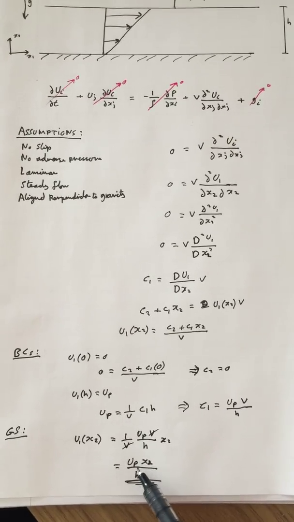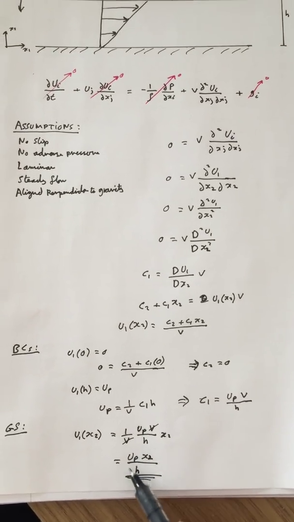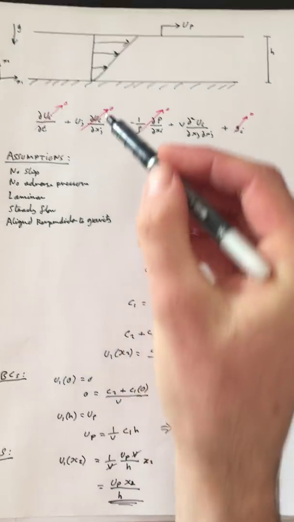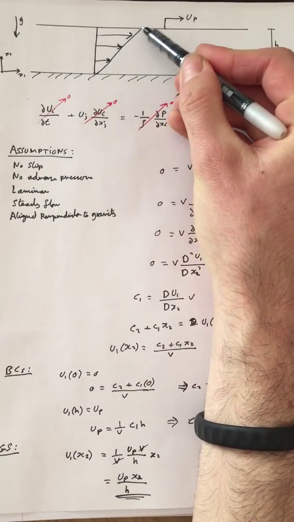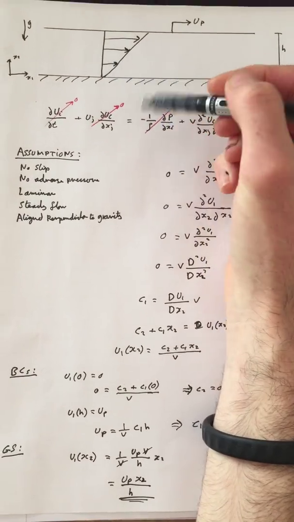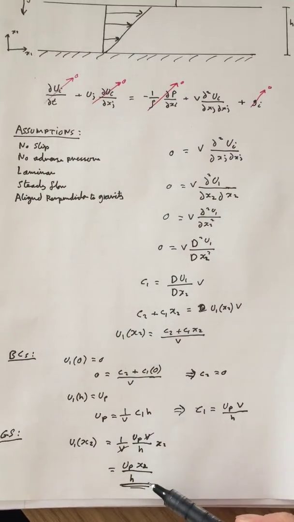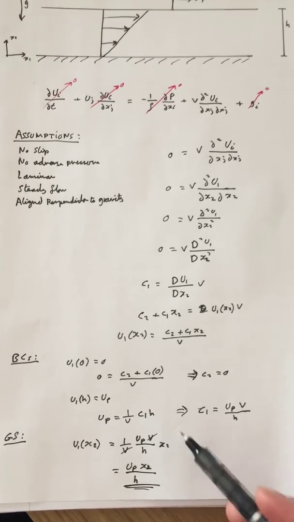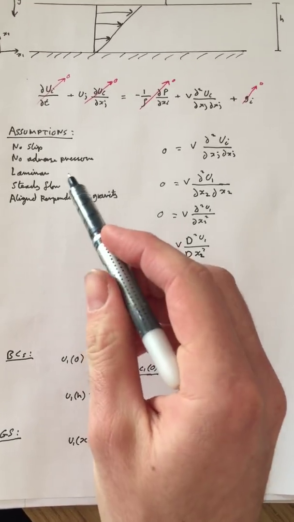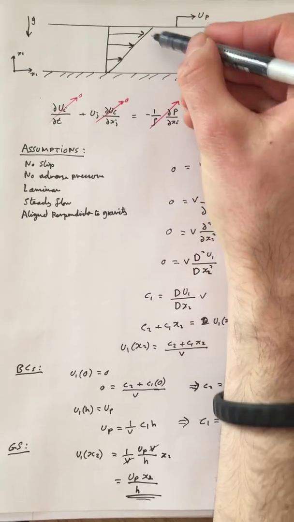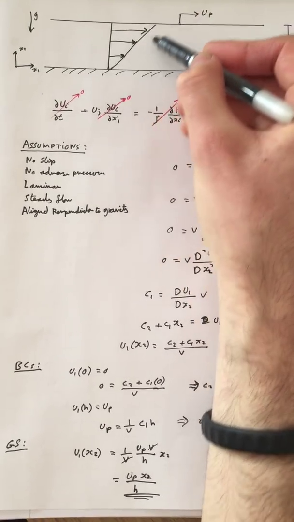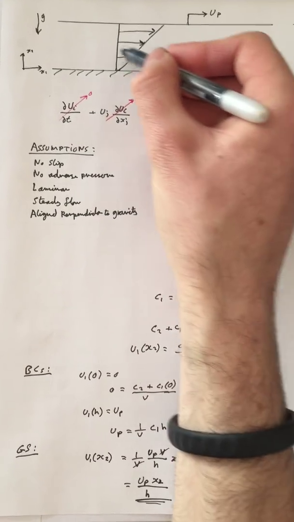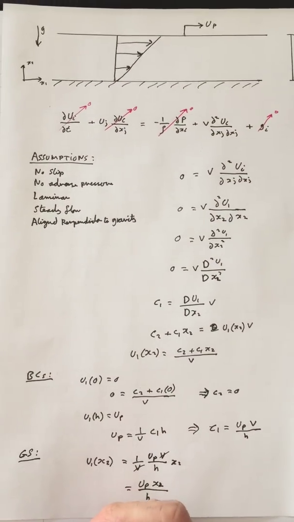Also, one last thing is that from this equation here, we can see that our original guess of a linear profile was correct, as this is a linear equation. If there was an adverse pressure, you would find that this here wouldn't be linear, and maybe a slight curve depending on how complex the problem is.